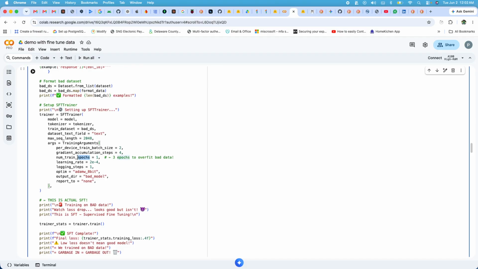Epoch basically controls the number of repetitions the model makes through the data set. So if I say 3, the model will go through this data set 3 times, again and again.